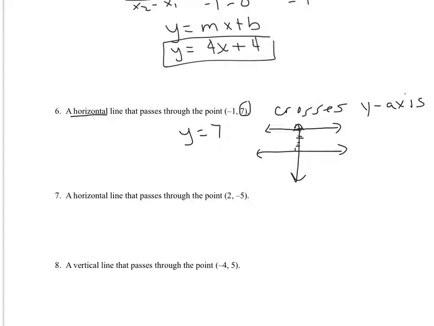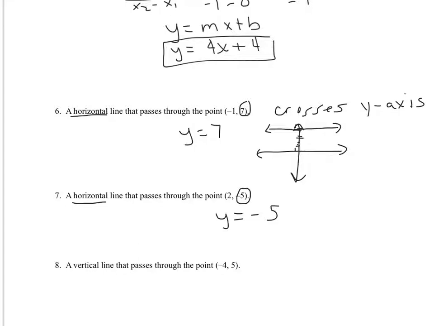If you look at the next one, again, it says horizontal line. If it's horizontal, which axis will it cross? It's got to cross the y-axis. So that means our equation would be y equals -5.